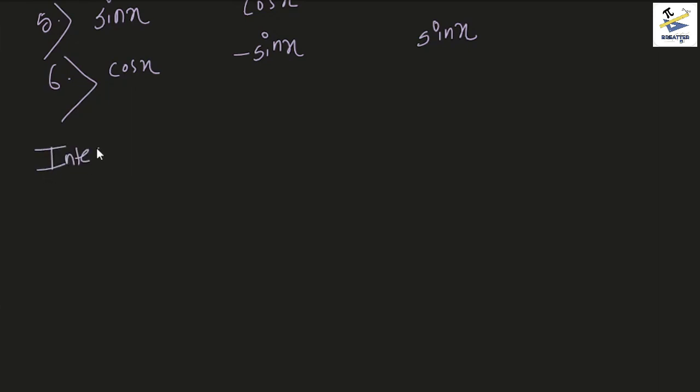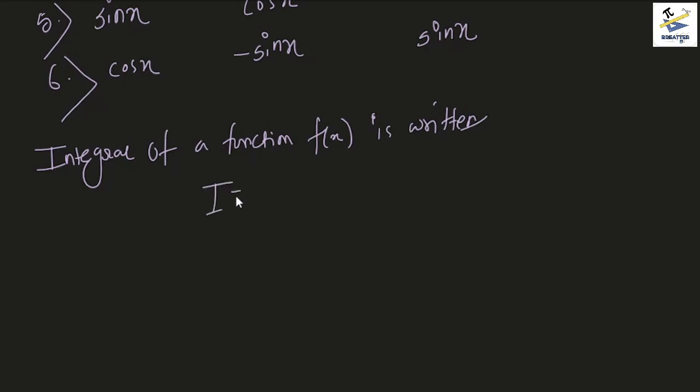Integral of a function f of x is written as, so we will denote by capital I an integral, and the integral of function f(x), obviously the variable is x, will be denoted by f(x) into dx.